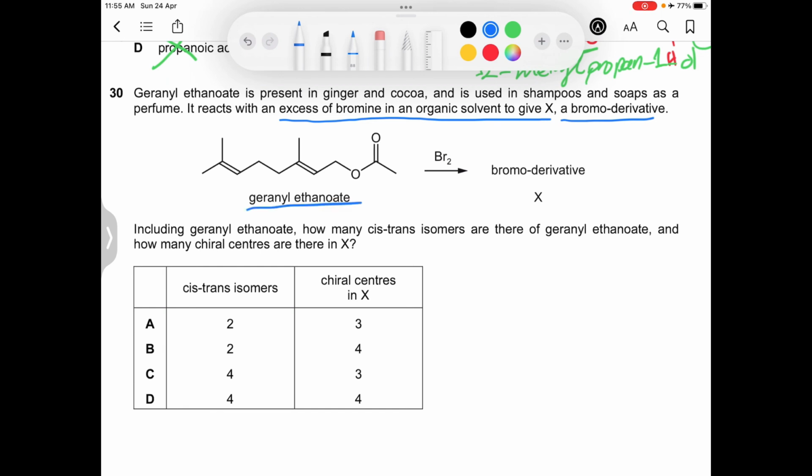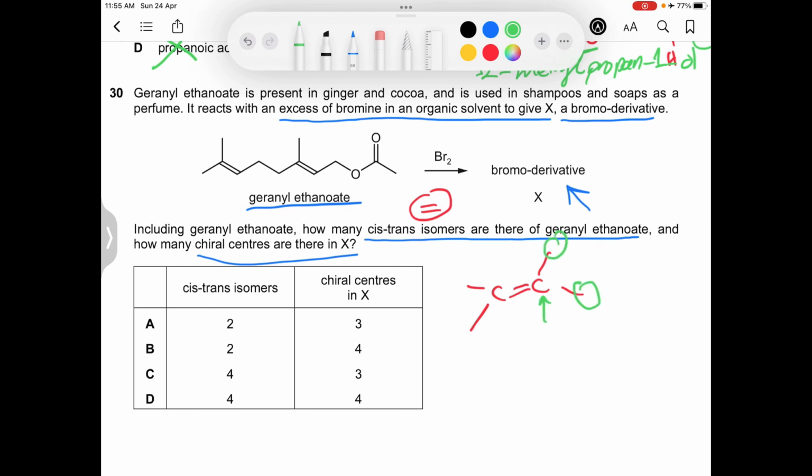Including geranyl ethanoate, how many cis-trans isomers are there for this compound, and how many chiral centers are in X after the reaction? So if you look at this one, when we say cis and trans, we're looking for a double bond, okay? And we're looking for different groups, like this carbon must be connected to different groups, and this one must be connected to different groups.